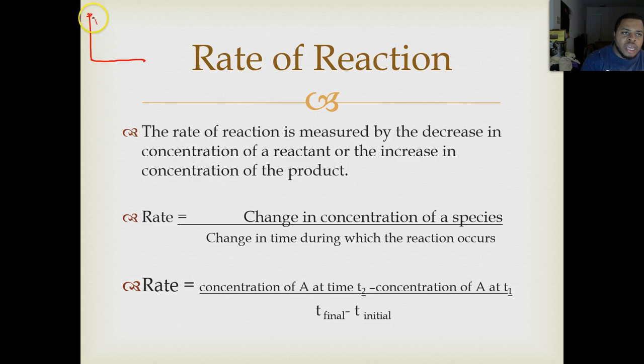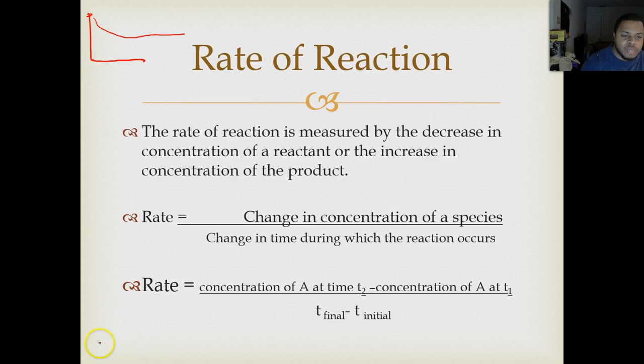Over time, that concentration is going to drop, and then it's going to hit a point where it levels out. When it levels out, or where it's completely gone, we should also be able to see the formation of our products.